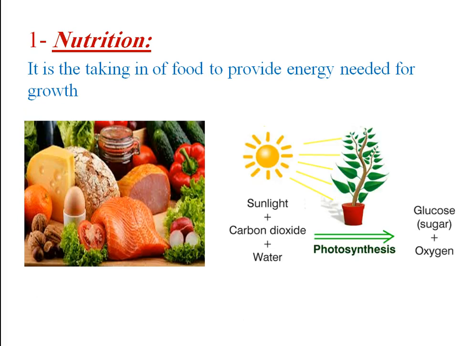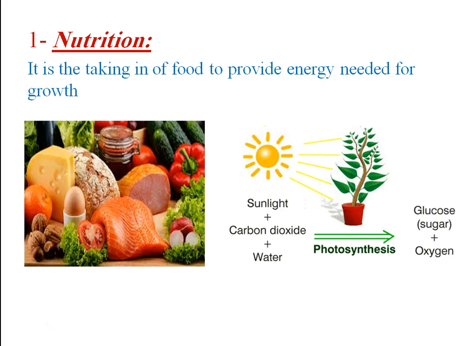Remember that plants have another form of nutrition, and they do nutrition, but their nutrition is what we call autotrophic. That means they use simple substances and make their own food. So you give them carbon dioxide, water in presence of sunlight, and in the green leaves that have chlorophyll, they do what we call photosynthesis.